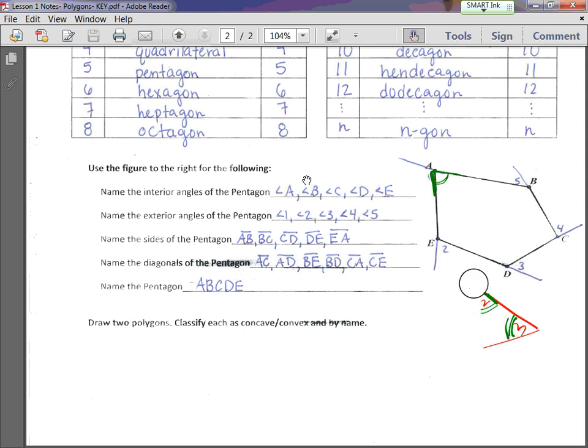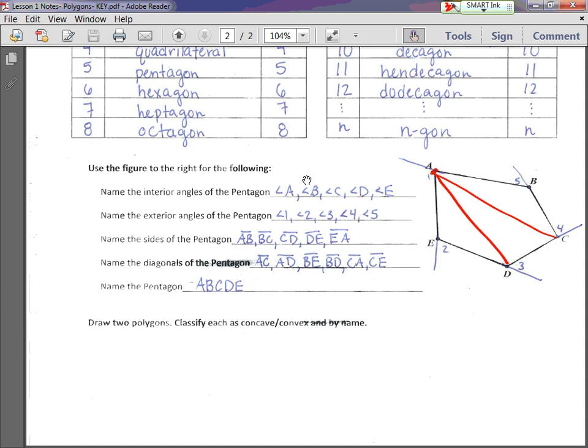Now, sides of the pentagon, you guys should have been fine with that. Diagonals of the pentagon: again, you go from a vertex to other vertices within your shape. We don't go adjacent because that's just the side. If I start off with vertex A, I would have AC, AD.